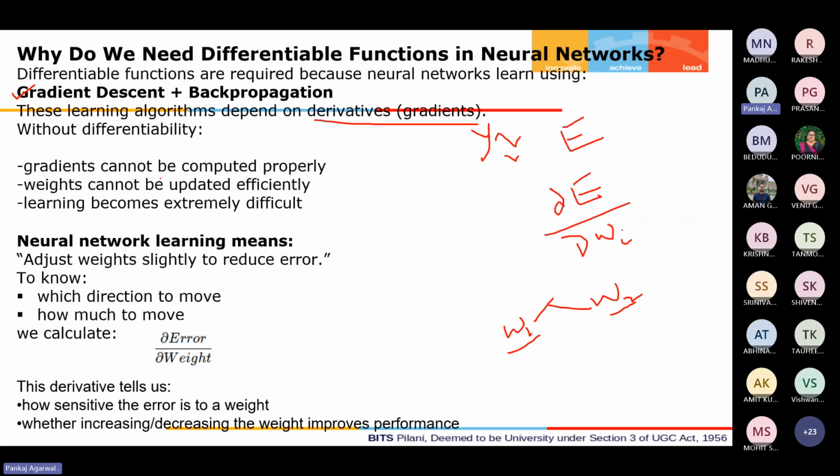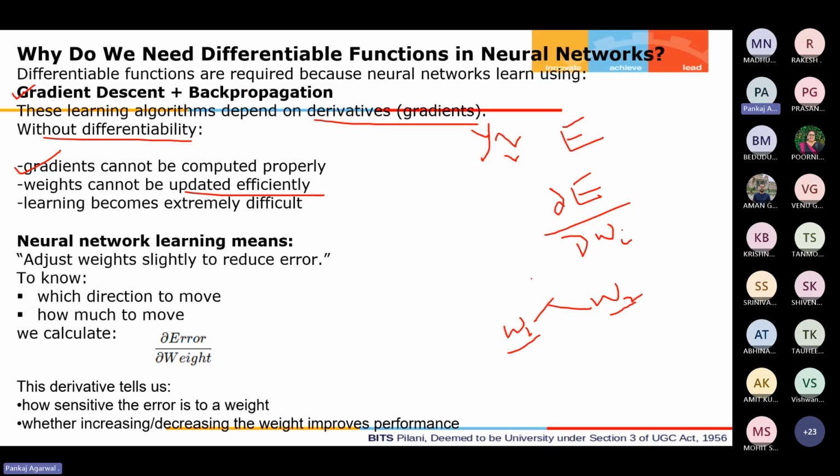So what happens if these functions we're talking about are not differentiable? We would not be able to compute these gradients properly. So weights cannot update efficiently. So as of this point, the functions need to be differentiable.